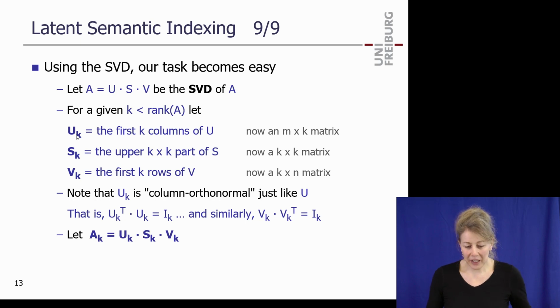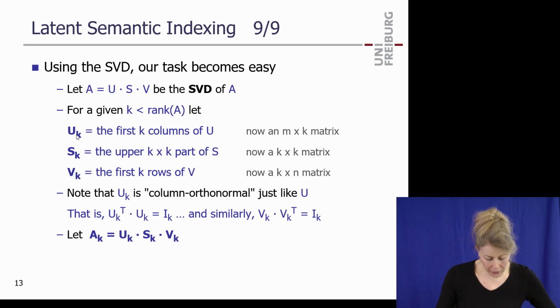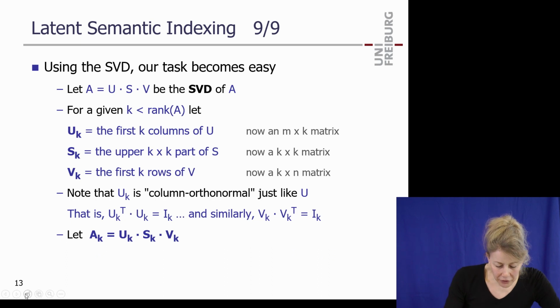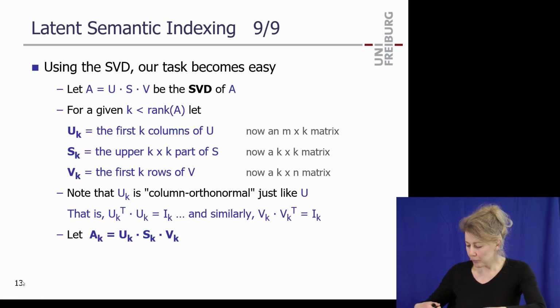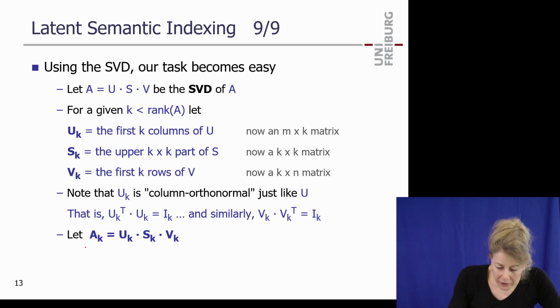Now I take this matrix, and let me write the dimensions here. So what do I have? This U_k is still M times, but now not the rank, it's k. This is k times k, and this is k times n.